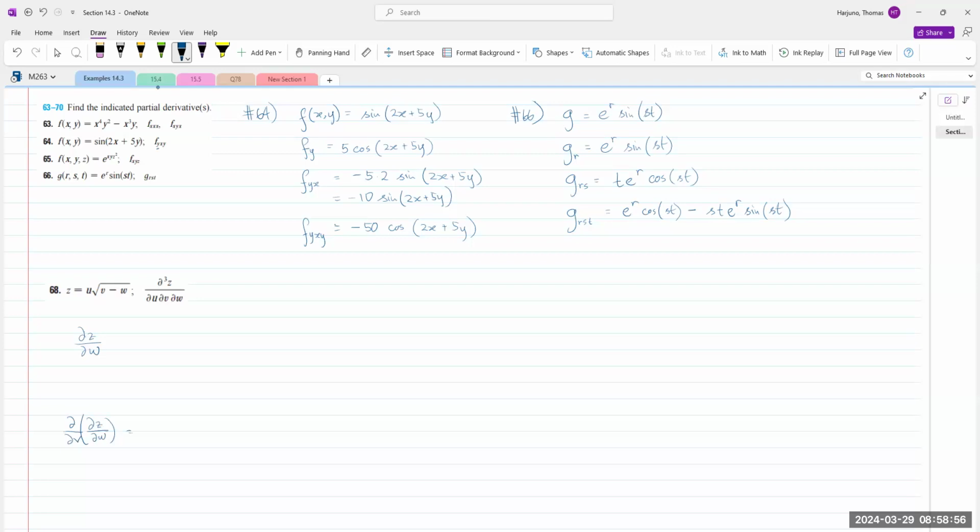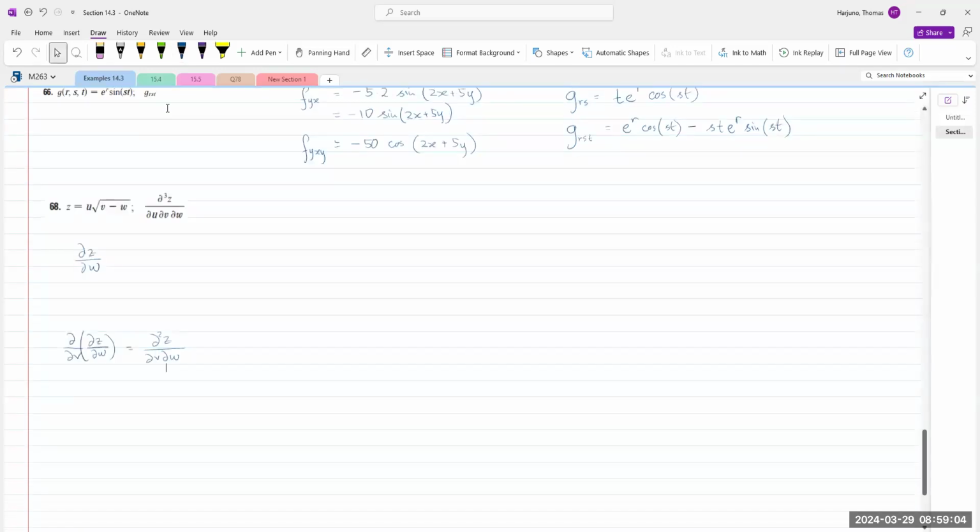That is what the second partial of z with respect to phi and w means. So the order is important. Finally, the third partial of z with respect to u, phi, w is the next partial derivative of the second partial with respect to u.